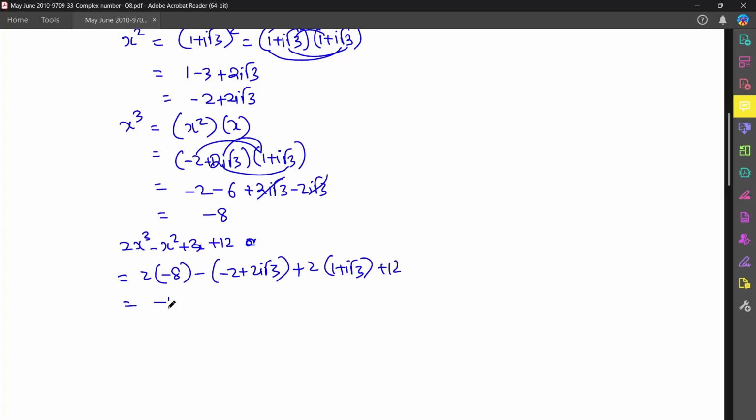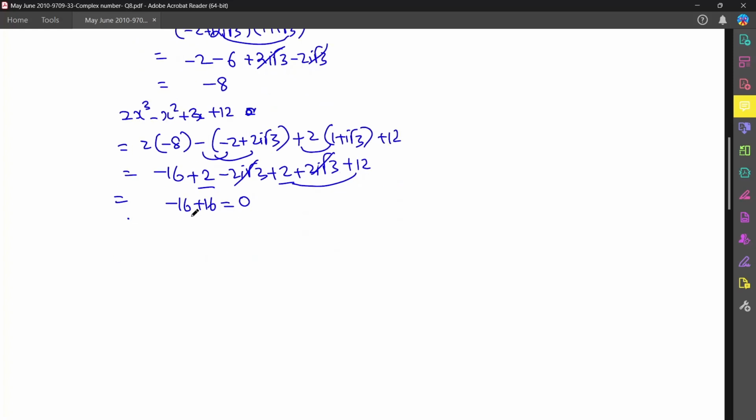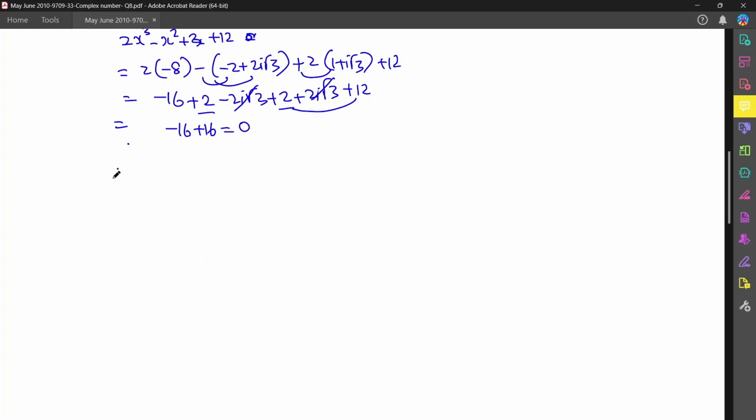So this will give you minus 16. This will give you 2, so minus 2i root 3, 2 into 1 is 2, plus 2i root 3, plus 12. So minus 2i root 3 plus 2i root 3 cancel. 2 and 2 is 4, 4 plus 12 is 16. Minus 16 plus 16 will give you 0. Therefore, 1 plus i root 3 is a root of this equation.